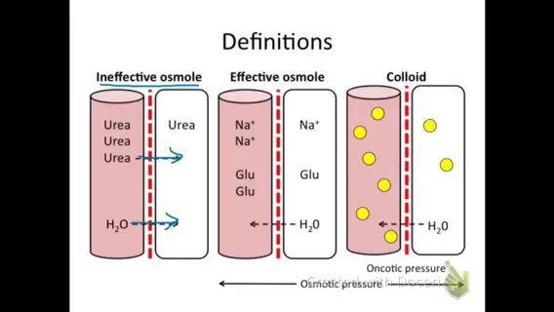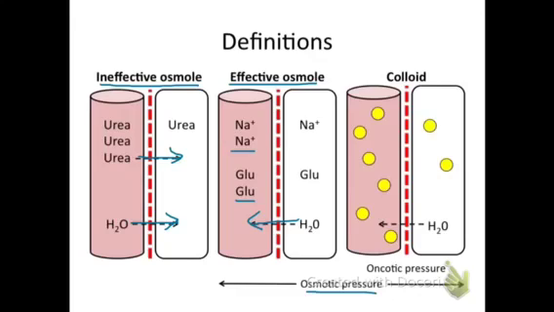Cell membranes are impermeable to sodium and glucose. Therefore, sodium and glucose are effective osmoles. This means that they can retain water within a compartment and can contribute to the osmotic pressure of a system.